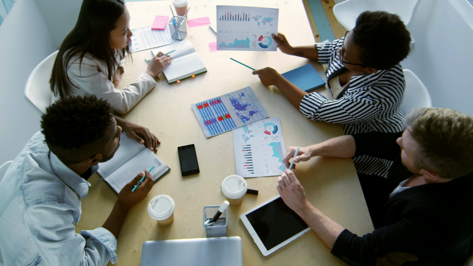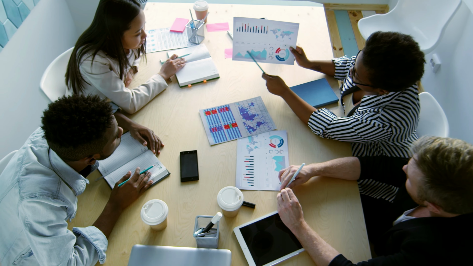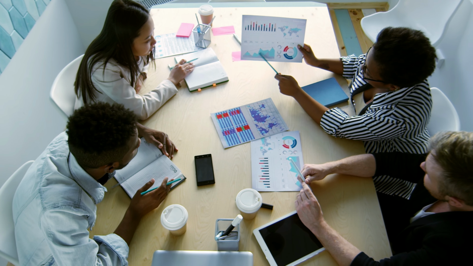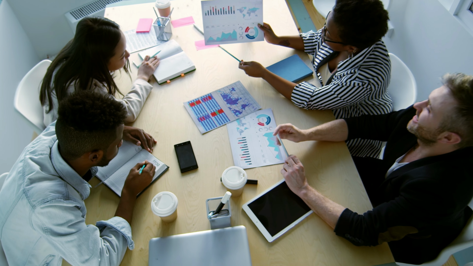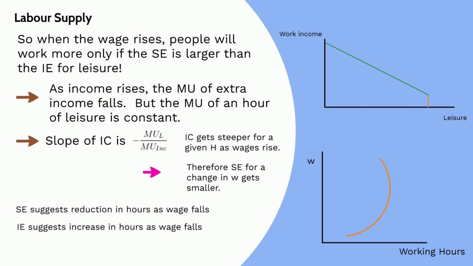Now, this combination of income and substitution effects is something that you've already been thinking about earlier in this class, when there was a discussion of labour supply. So when the wage rises for someone, they'll only work more if the substitution effect is greater than the income effect.